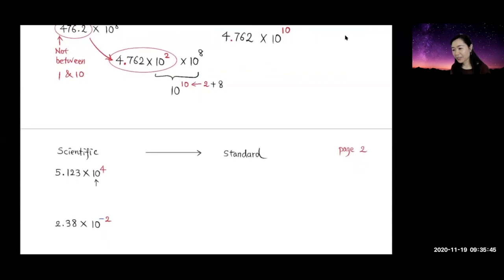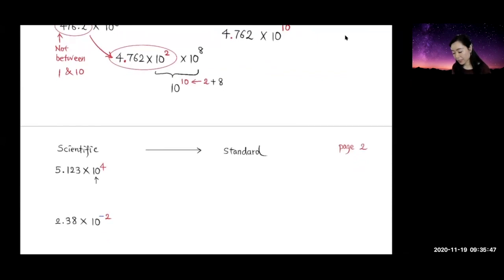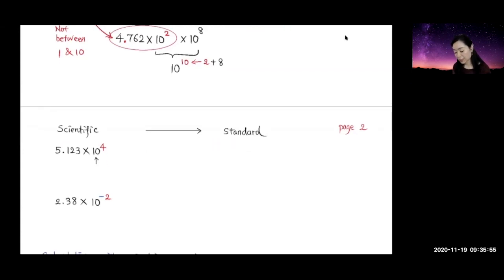Now the next part will be to convert back from scientific notation to standard notation. 5.123 times 10 to the 4 power. So let's think about 10 to the 4 power.